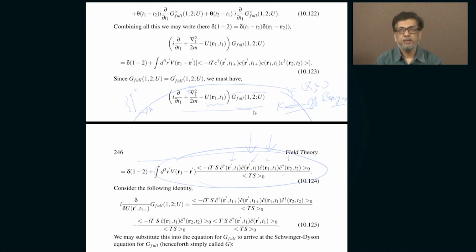So I'm going to stop here, and in the next class I'm going to continue and prove this important claim that the terms which I have written down here, which involve creating and annihilating two particles that correspond to interactions between particles, can now be expressed purely in terms of the Green's function involving one particle, so long as I involve the sources that I have artificially introduced into the problem.